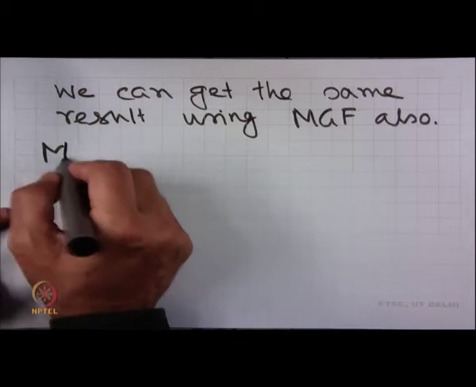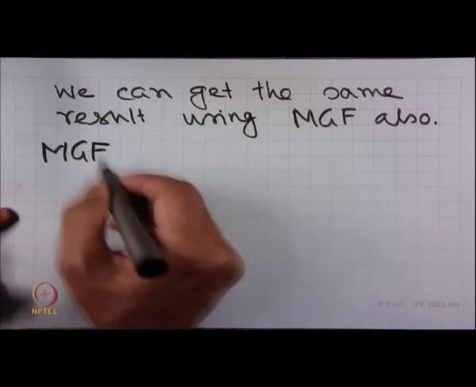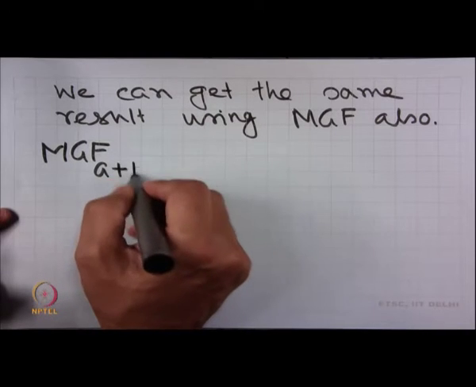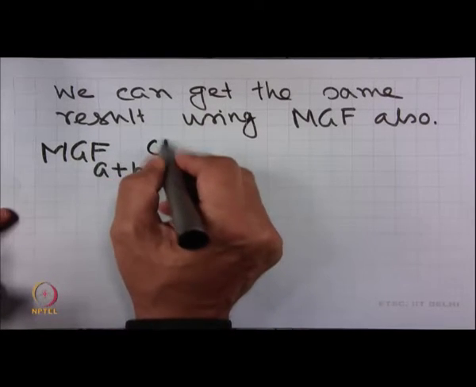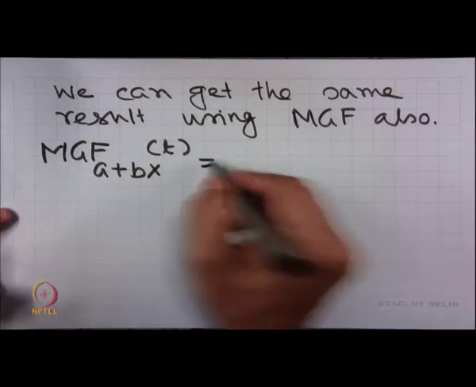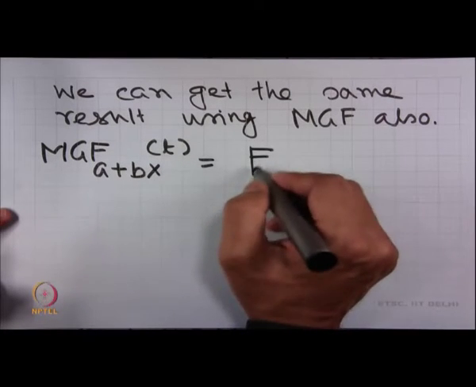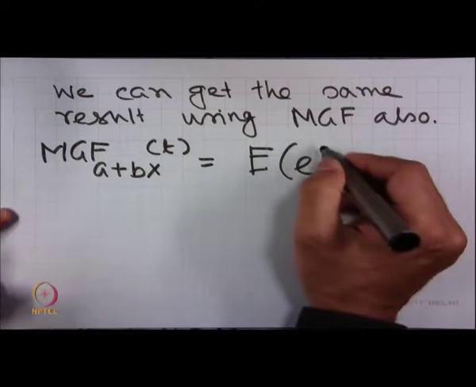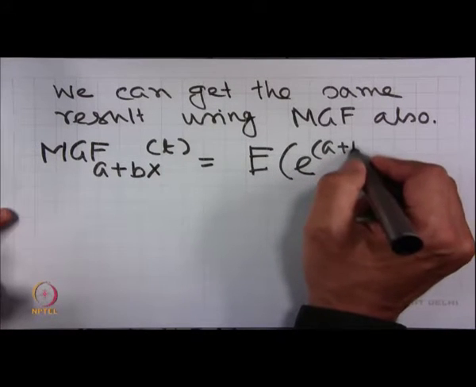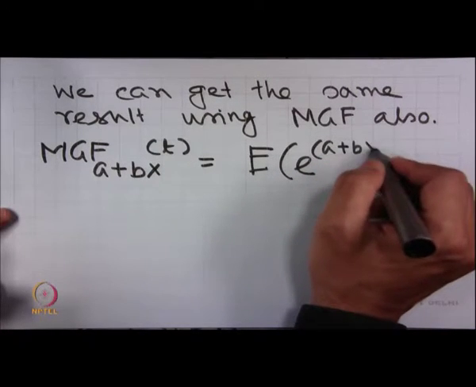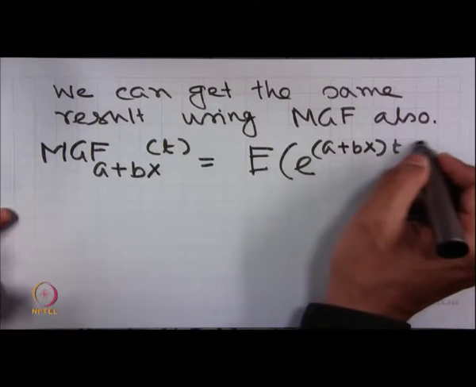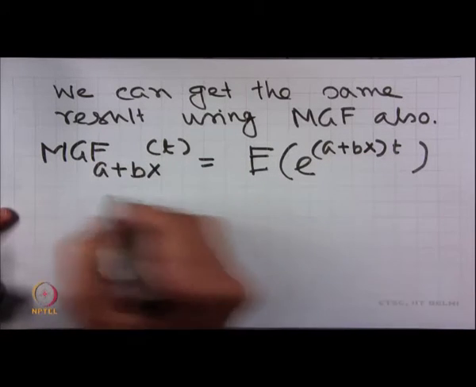What is the moment generating function of a plus b x? It is equal to expected value of e to the power a plus b x into t.